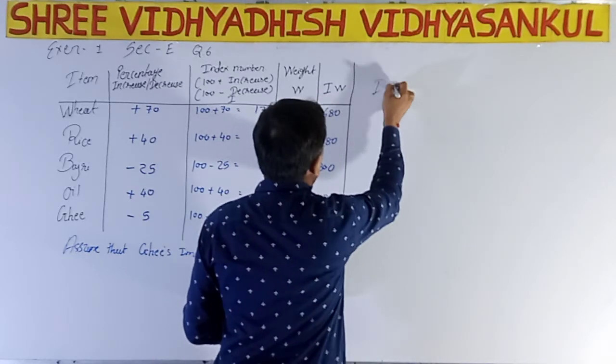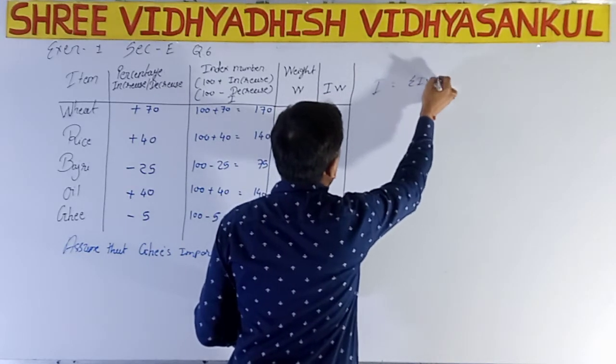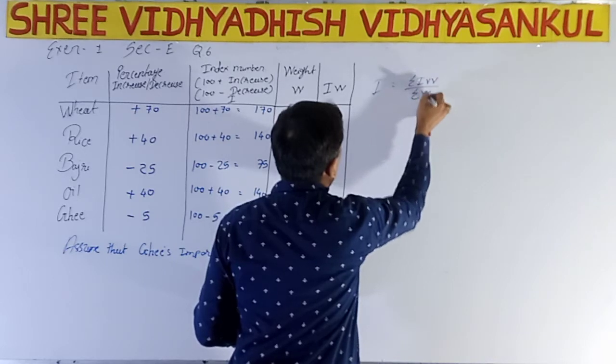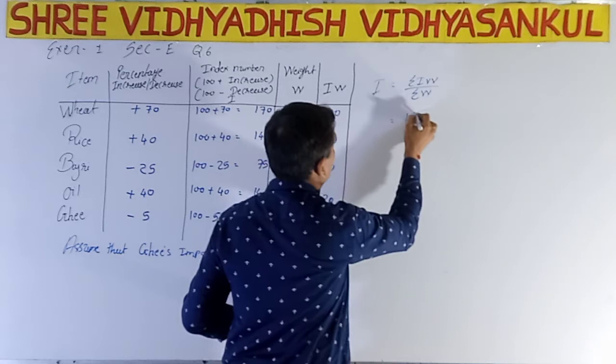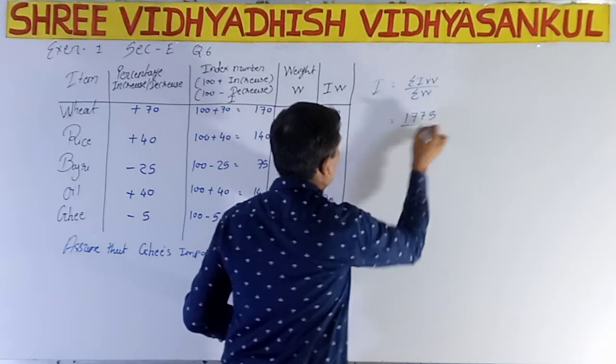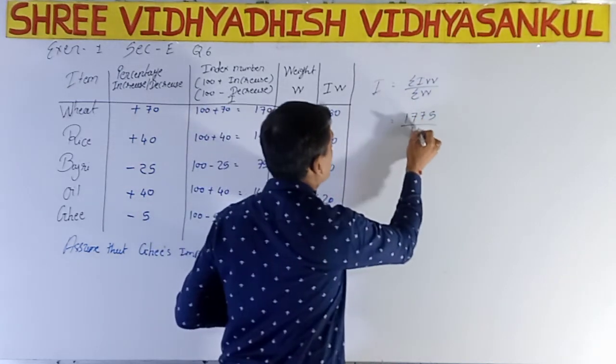Now I is equal to sigma IW upon sigma W. What is sigma IW? 1775. And what is sigma W? 14.